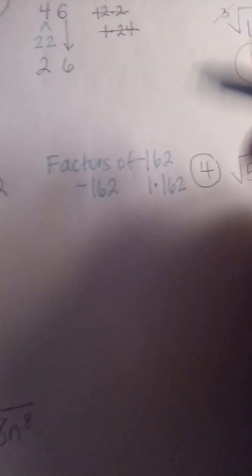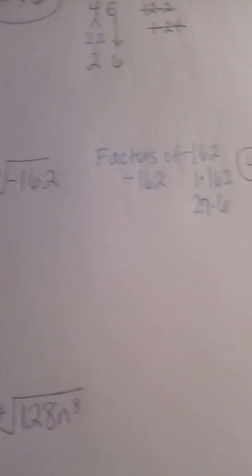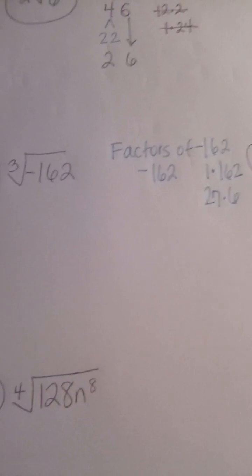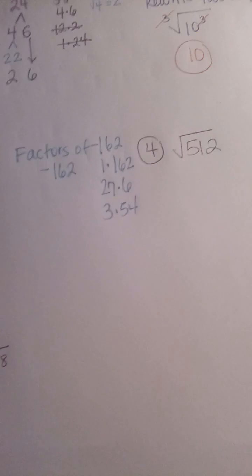Let me see. 27 and 6. What else can I think of? Let me see. 3 and 54. Let me see. I can think of another way. 6 and 27.